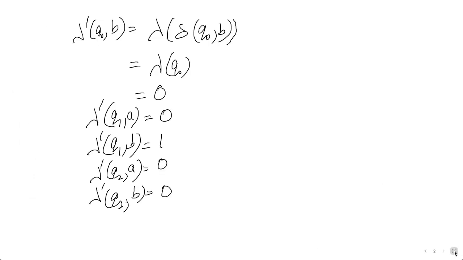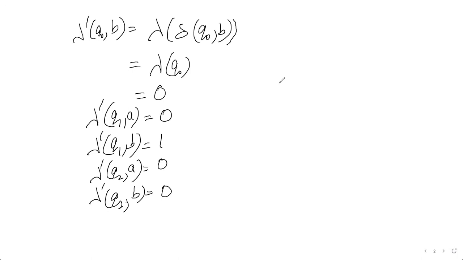Now we just create the transition table for the Mealy machine. So how do we create the transition table? Now we have to create the delta of the Mealy machine.